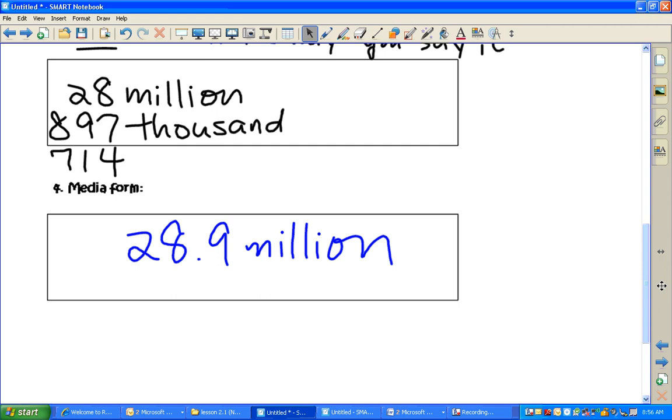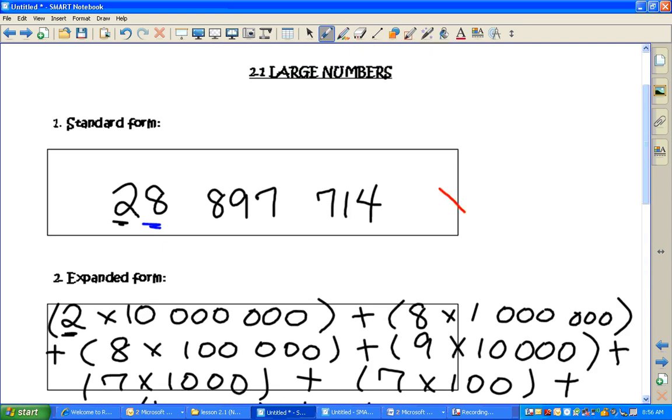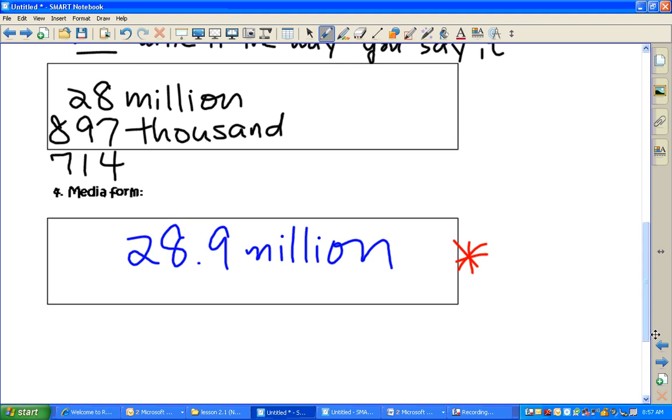Okay, here's a question. Which one is easier to read? This number or this number? The one before. Why is this easier to read? Well, in theory, this one in media form, and this is the reason why this is reported that way.